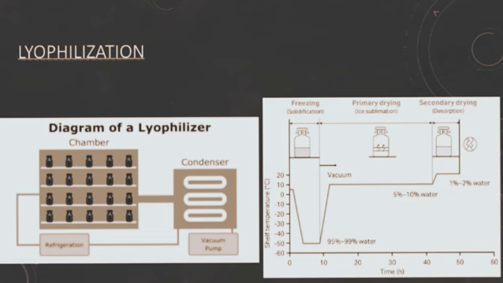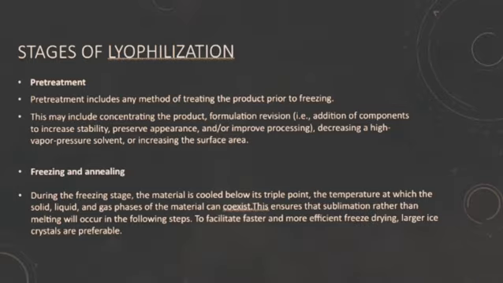The stages of lyophilization include pre-treatment, freezing, primary drying, and secondary drying. Let's see pre-treatment. This is any preparation of the product before freezing, such as concentrating it or adding components to increase stability. Second, freezing. The material is cooled below its triple point to ensure that sublimation, not melting, will occur in later stages.